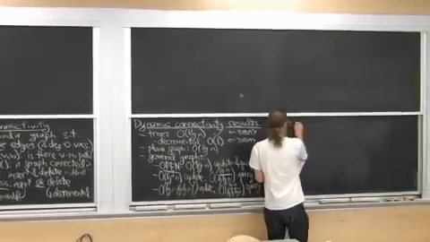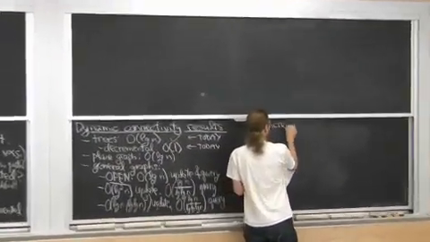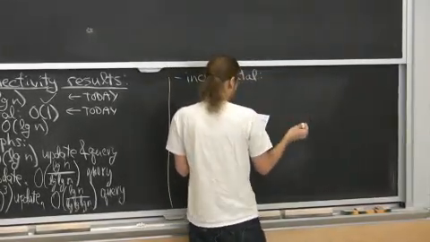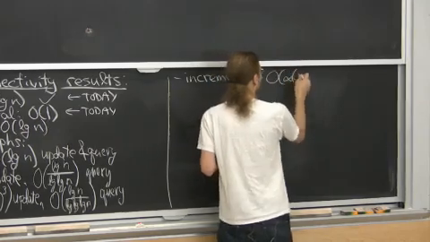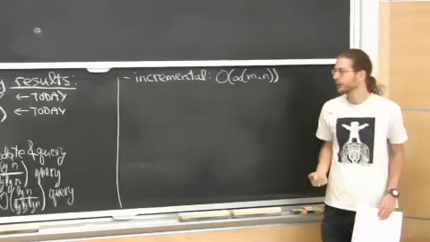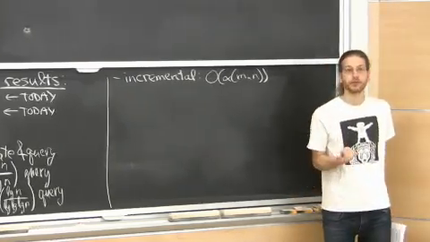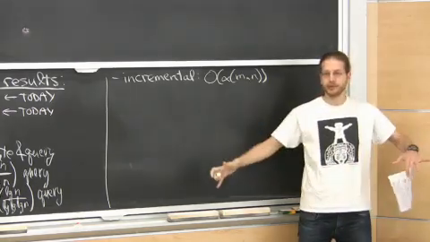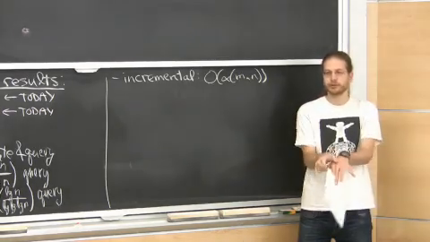Cool. But if you want to do incremental, you can achieve an alpha bound because incremental dynamic connectivity is really the union find problem. Union find, you have a bunch of sets of elements. You can take two of them, union them together.